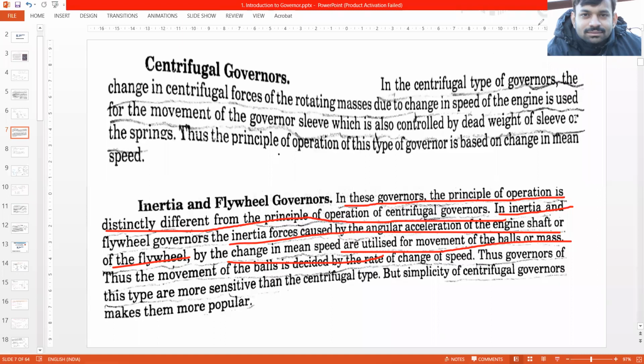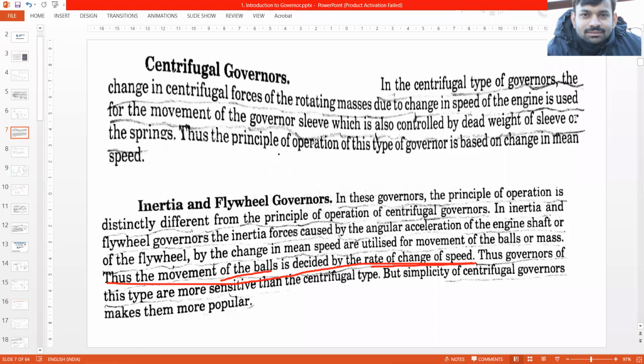Thus, the movement of the balls is decided by the rate of change of speed. How much the balls will rise and increase the radius of the governor is decided by the movement of the balls, and it is governed by the rate of change of speed.